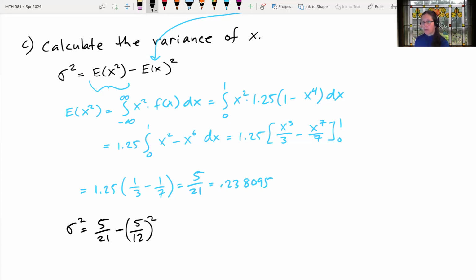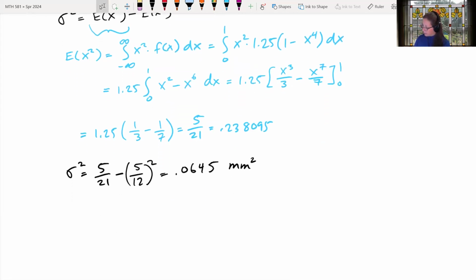And that comes out to equal approximately 0.0644 millimeters, but our units are squared in this case. So that would be our answer to the variance.